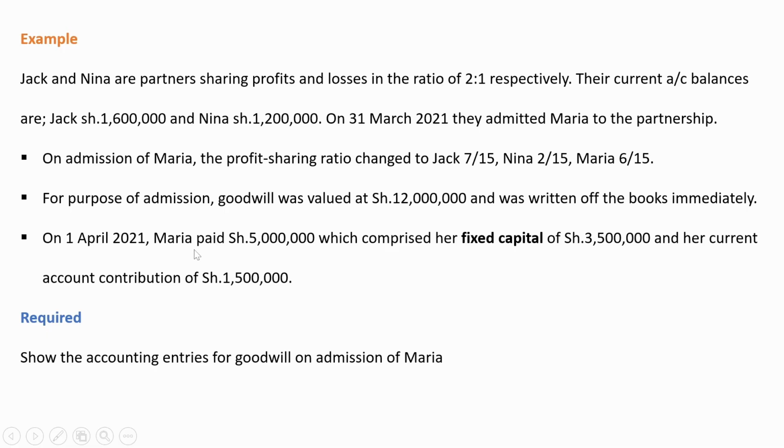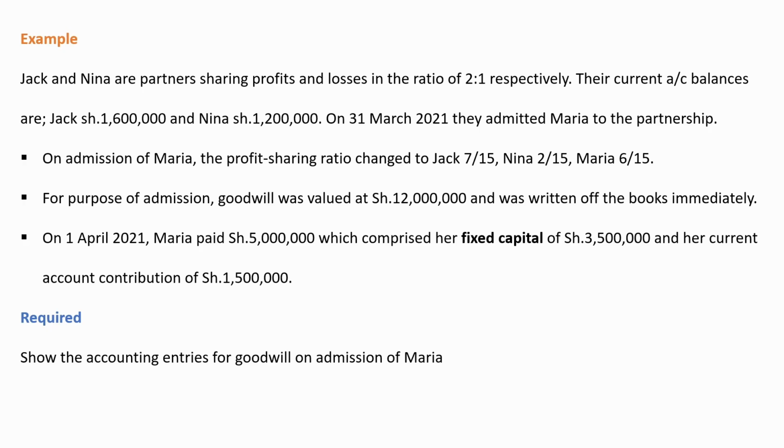Note that Maria paid only 5 million, and out of this 5 million, 3.5 is fixed capital, 1.5 is current account contribution. So if this is the only amount Maria contributed, then we can say that Maria did not pay for goodwill in the form of cash.